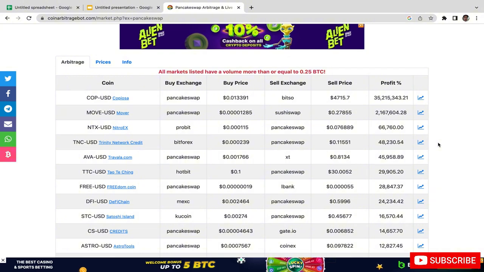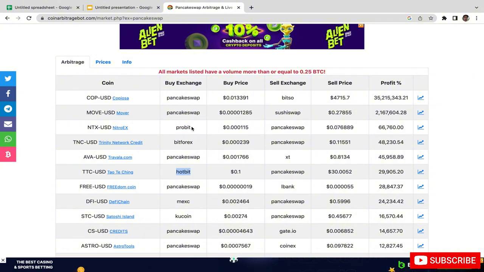Also, this website doesn't have a filtering system, so it's kind of mixed here. You can find arbitrage opportunities between a centralized exchange and a decentralized exchange. Look here, you have PancakeSwap, but you also have Probit, or you have Hotbit.